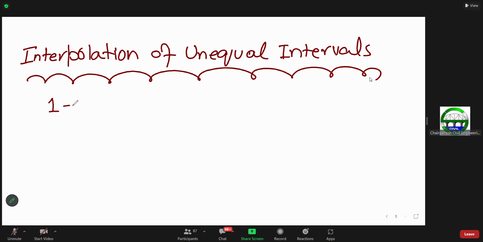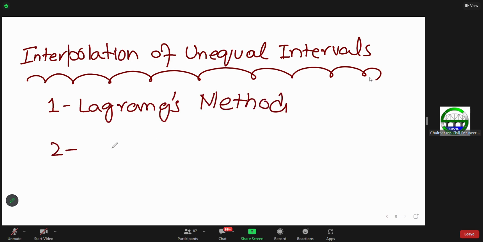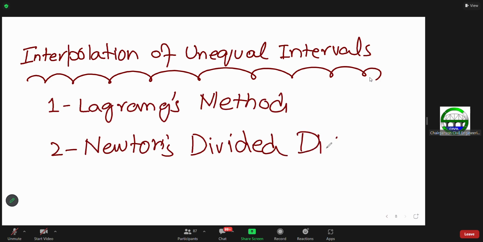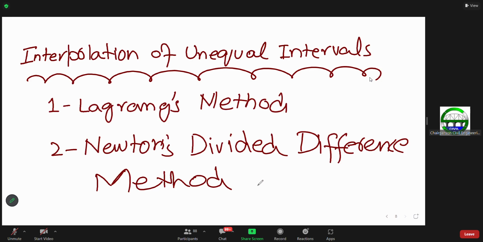The first method is the Lagrange method, and the second formula is the Newton divided difference method.